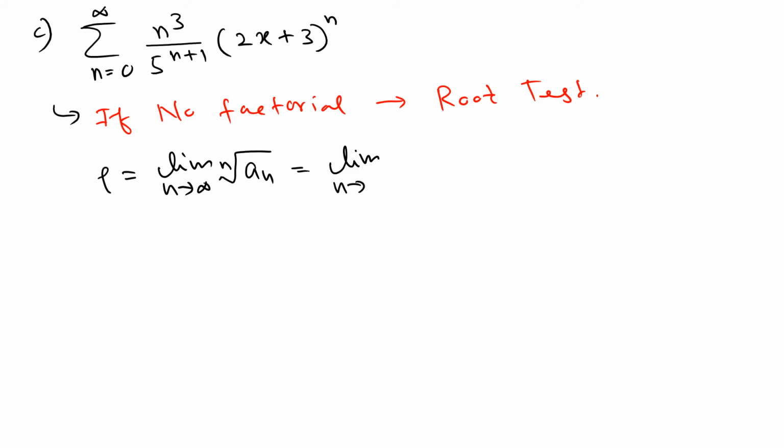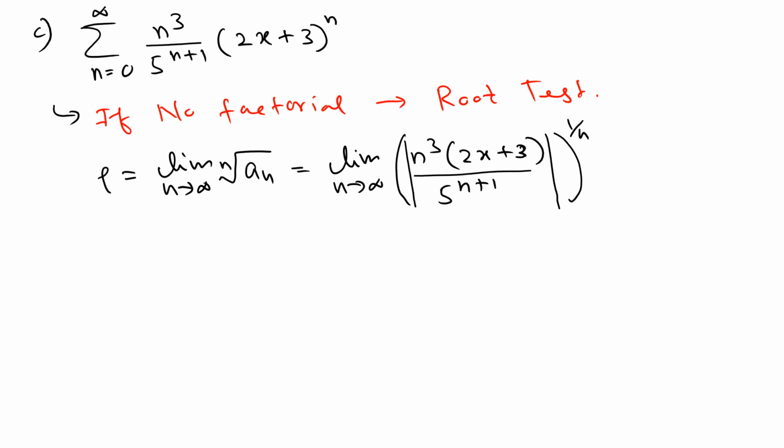So n goes to infinity. We have n cubed, and then we have 2x plus 3 over 5n plus 1. We can take the absolute value first and take the nth root.